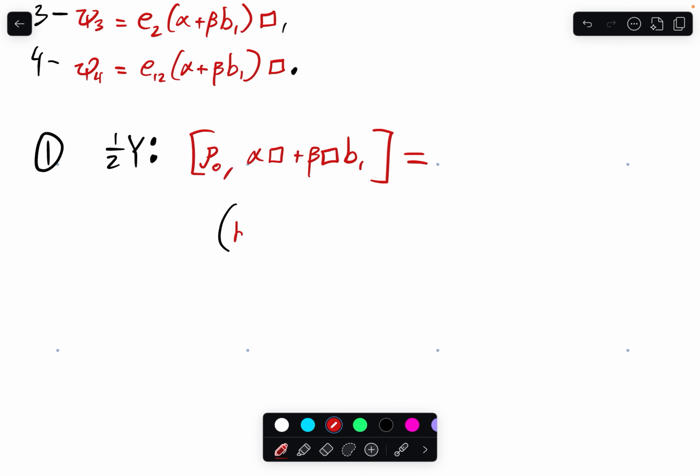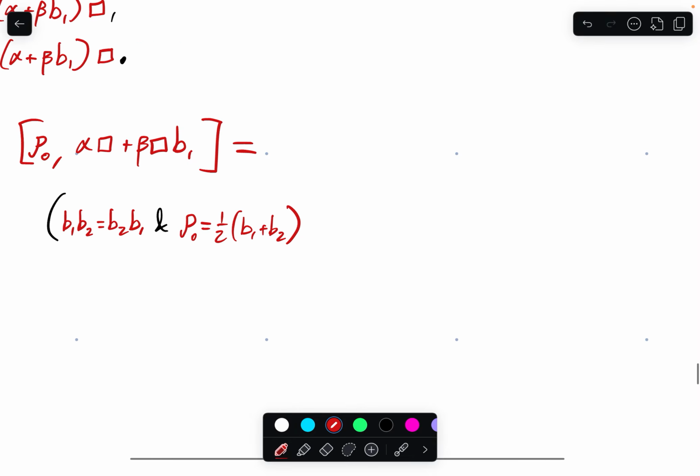Well, first remember that B1 B2 equals B2 B1, so these commute, and rho naught equals 1/2 B1 plus B2, and box is equal to 1/2 1 minus b1 b2.